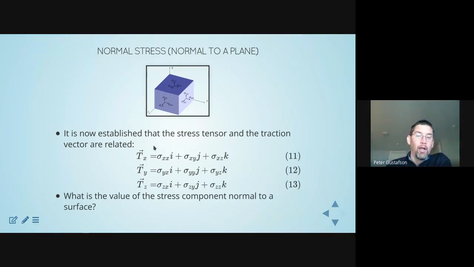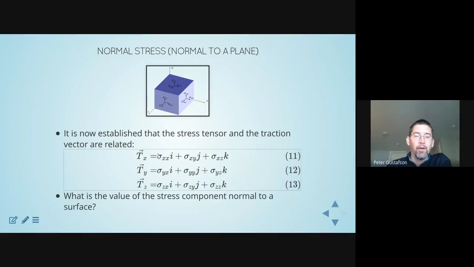Okay, so you've seen this equation in the box now already. This is Cauchy's formula. In this case, it's represented as 3 equations, 3 tractions, Tx, Ty, Tz. These are vector components.